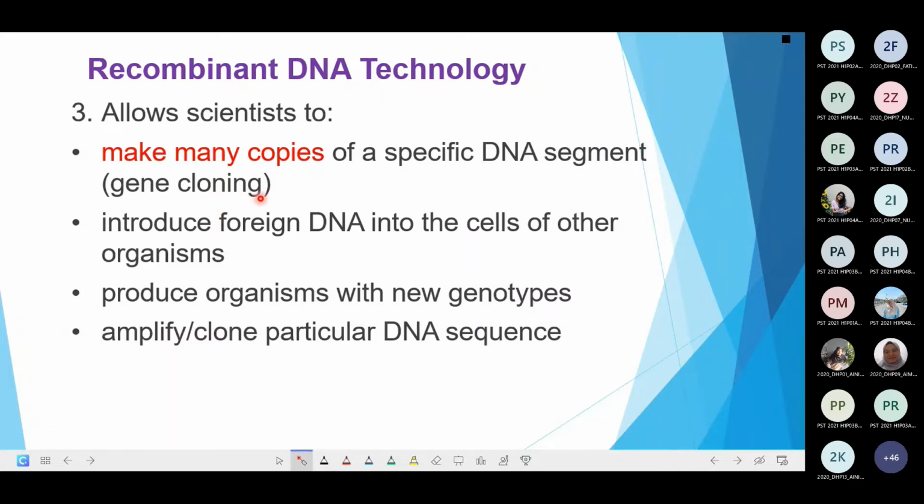And we can also put a different type of DNA, a foreign DNA, into another cell of another organism. So these are just some of the importance of this recombinant DNA technology.